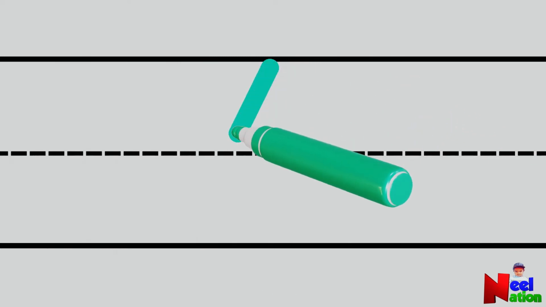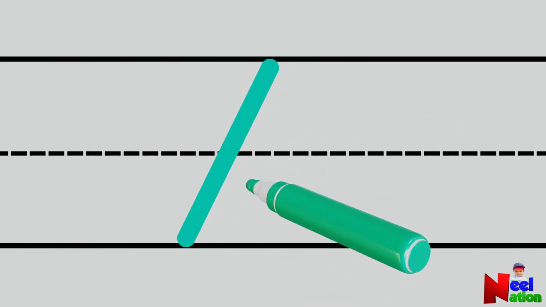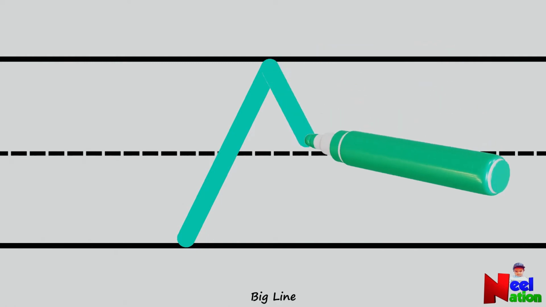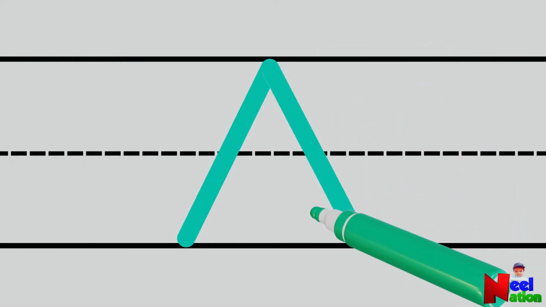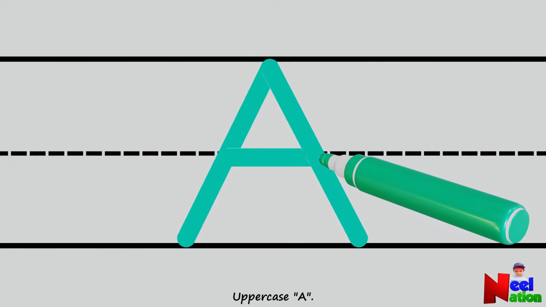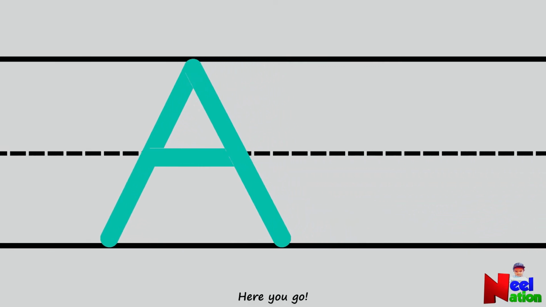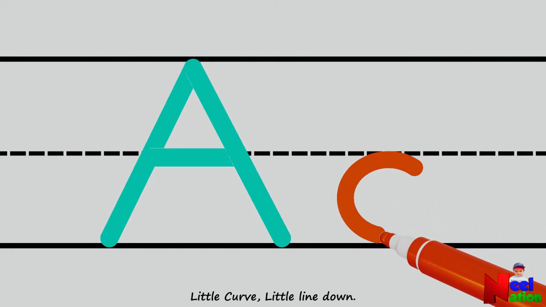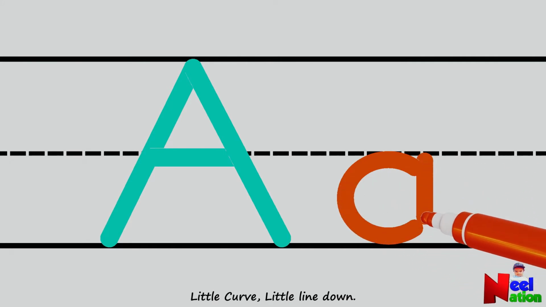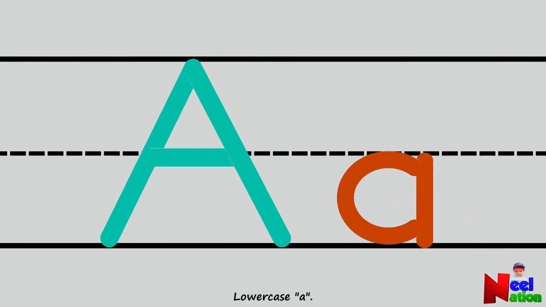Big line, little line. Uppercase A. Here you go. Little curve, little line down. Lowercase a. Good job!